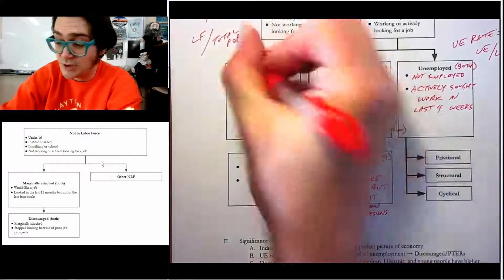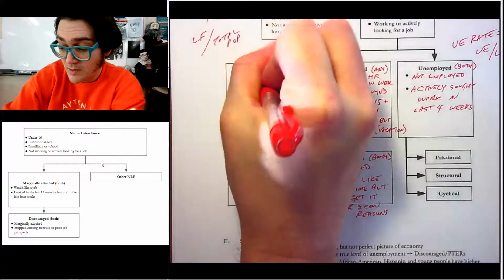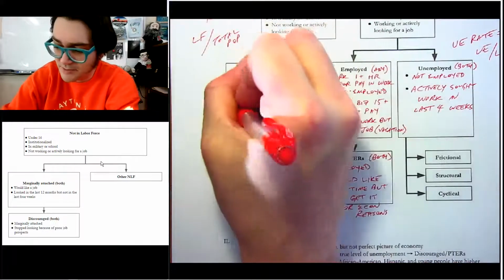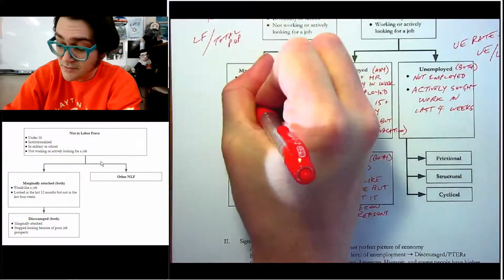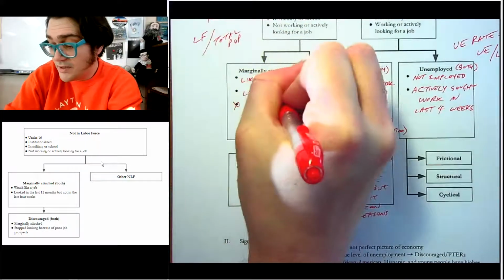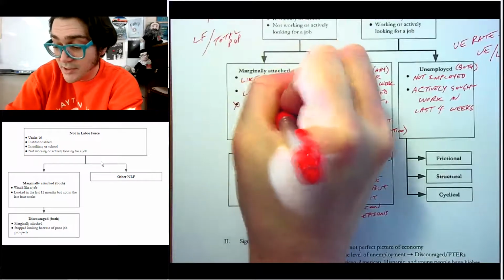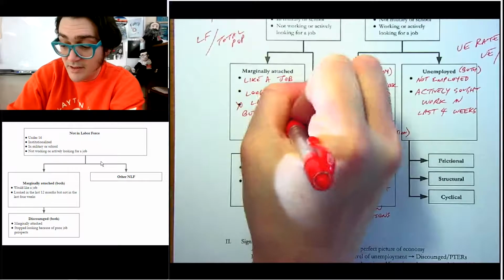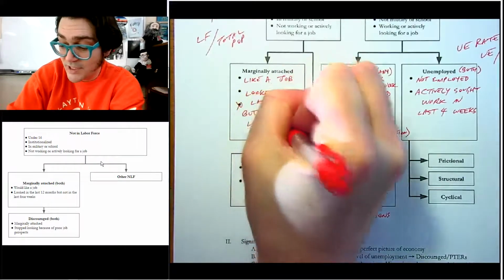Marginally attached means you'd like a job, and you looked in the last year, but not in the last 4 weeks.